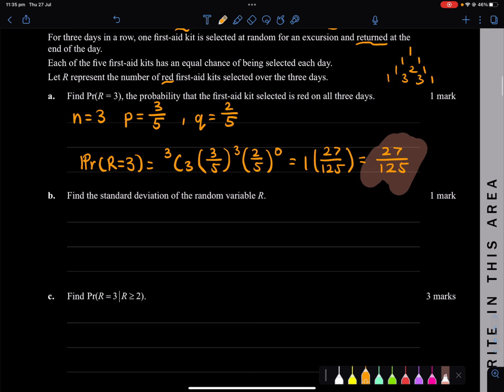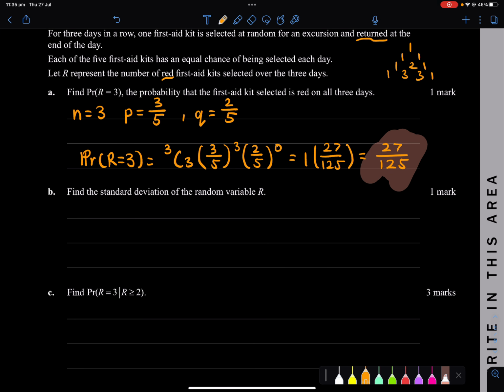Next question. Find the standard deviation of the random variable R. Okay, your standard deviation, if I'm not mistaken, is the square root of npq, n p times 1 minus p. So your value of n is 3, your value of p is 3 over 5, and your value of 1 minus p, which is just q, is 2 over 5.